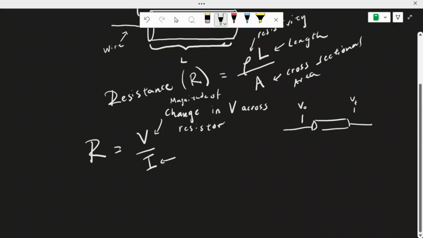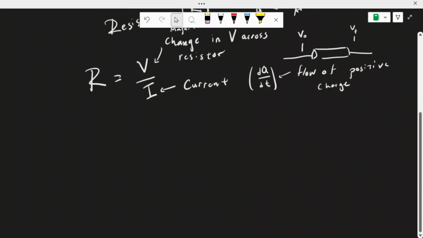And I here is the current. Now, current is the change in charge over the change in time, so dq dt. All right, and dq dt gives us a measure of the flow of positive charge. So really this is like the negative flow of electrons, which does get annoying later on down the road, but for right now, just think of it as the flow of positive charge and you'll be fine.